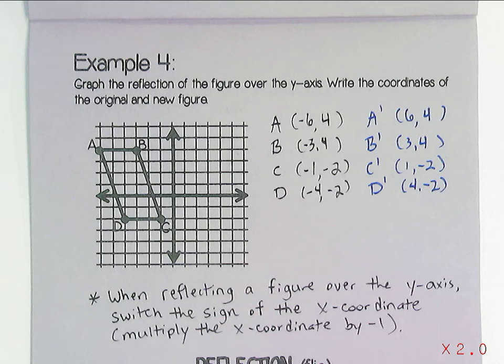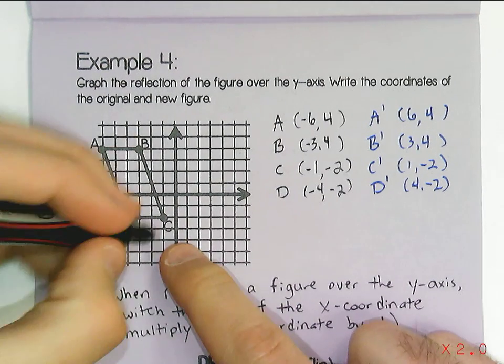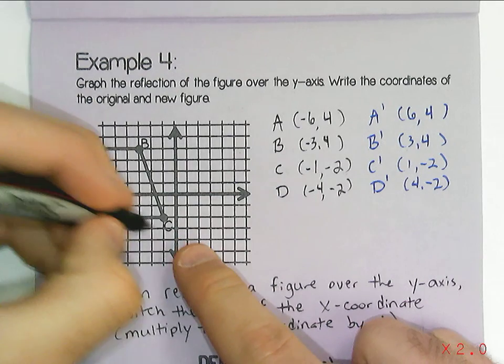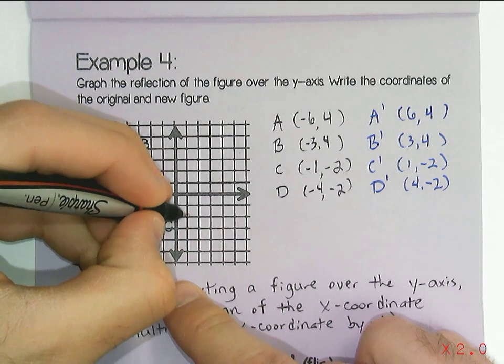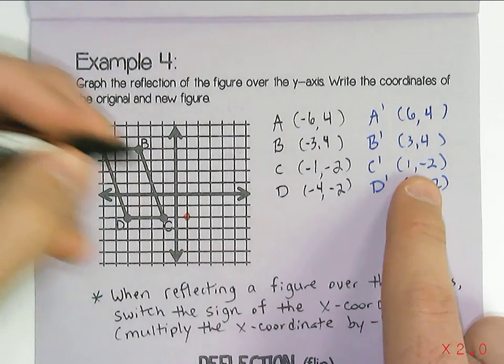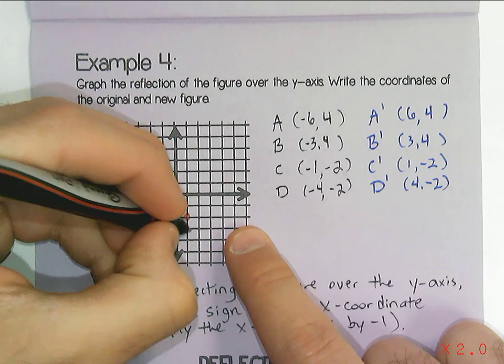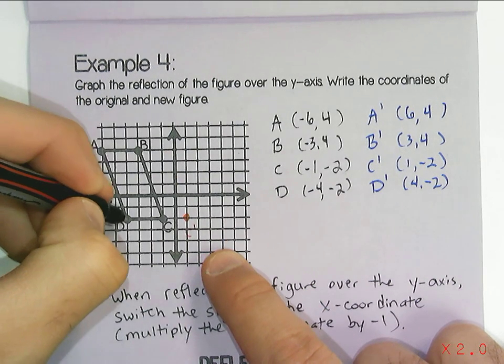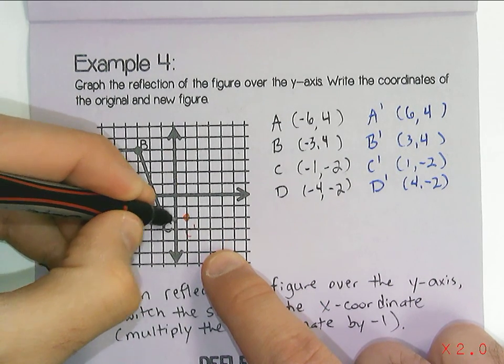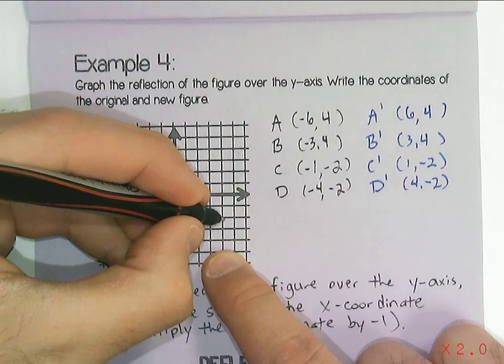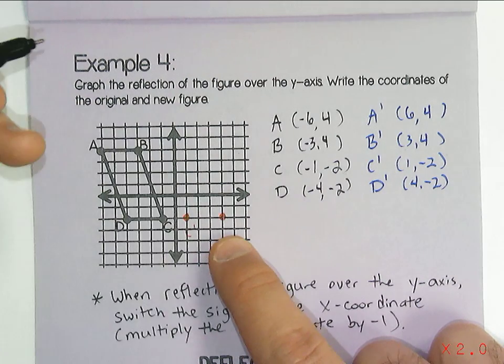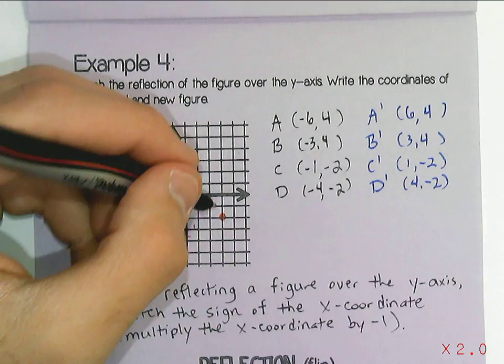And then again, like I said, each point should be equidistant from the y-axis. So if we move C, we know that is just one space away, and that should be at 1, negative 2, which it is. D prime should be 1, 2, 3, 4 away, and that should be at 4, negative 2, which it is.